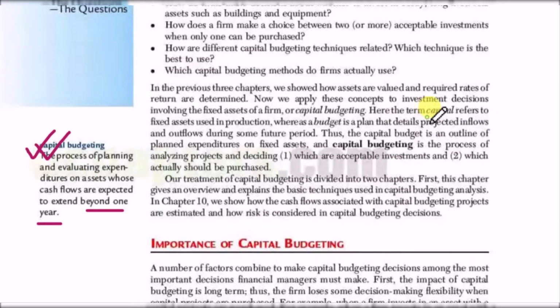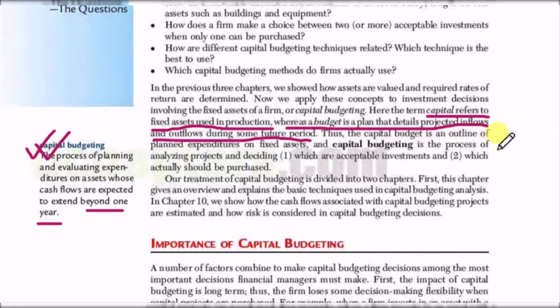The term capital refers to fixed assets used in production, whereas a budget is a plan that details projected inflows and outflows during some future period. So the budget will forecast our inflows and outflows during the future period.